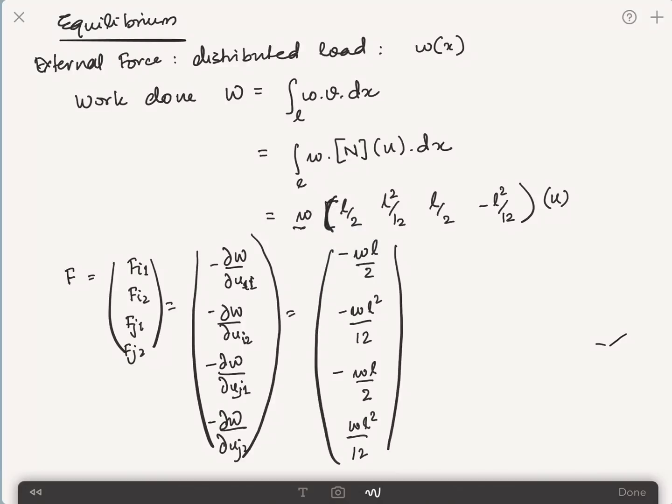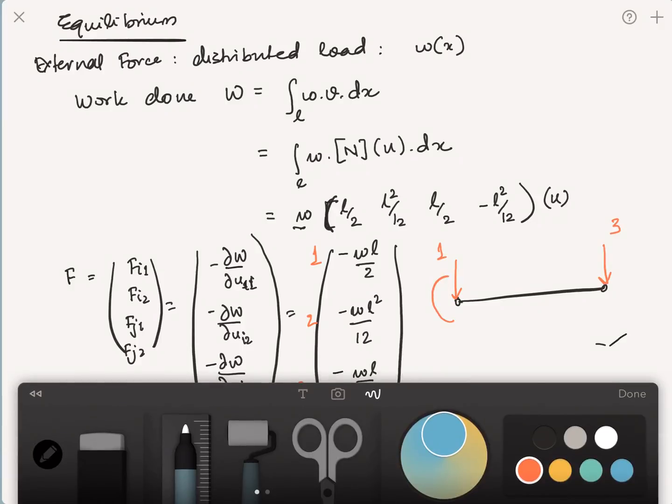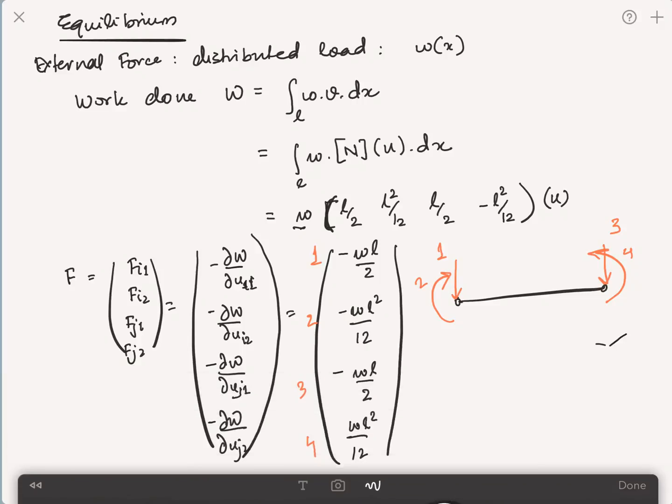So if you look carefully, going back to your beam element, this node, this displacement, I'll name it as 1, 2, 3, 4. You have 1 acting here, 3 acting here, 2 acting here, which is clockwise, and 4 acting here, which is positive, so it's anti-clockwise.